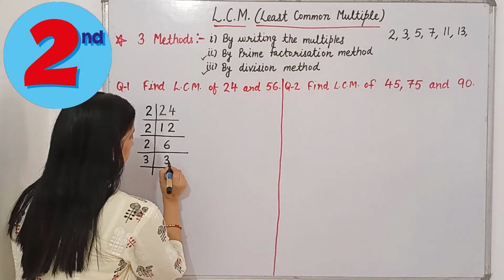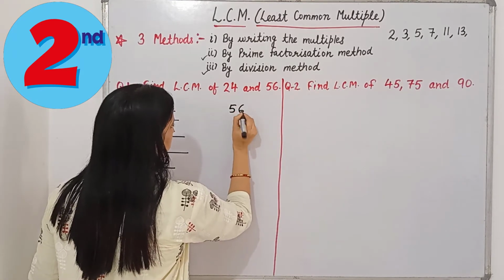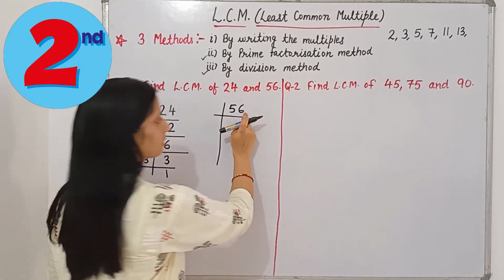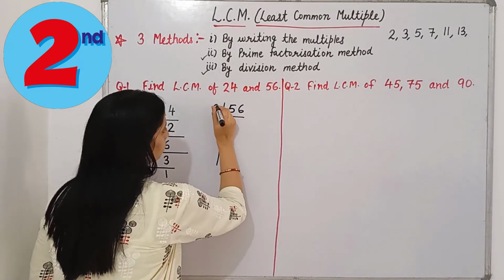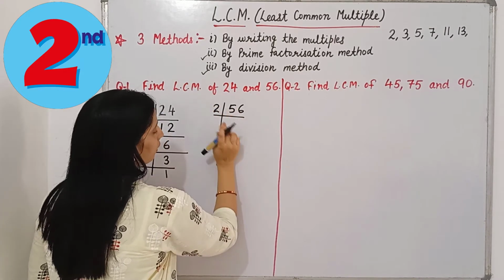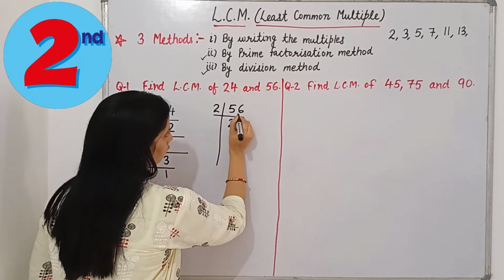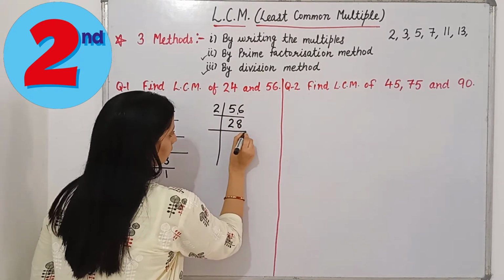Now similarly we will find out the prime factors of 56. Write 56 here. So again here the ones place digit is 6. That's why the number is divisible by 2. So again we will do it by 2. When we divide 56 by 2, we get 2 twos are 4. 1 is left. We will write here 2 eights are 16. So we will get 28.